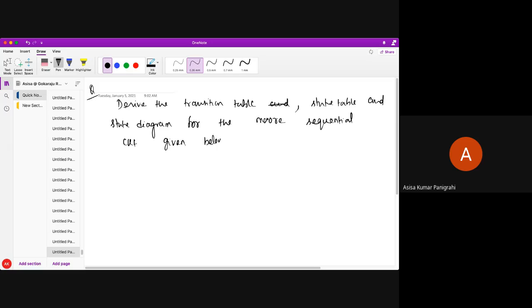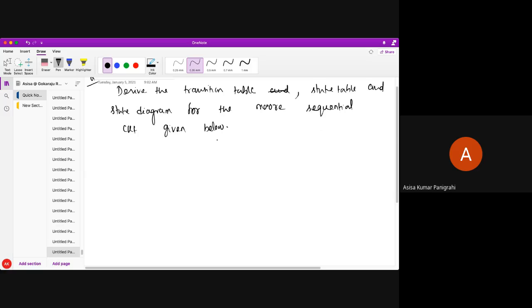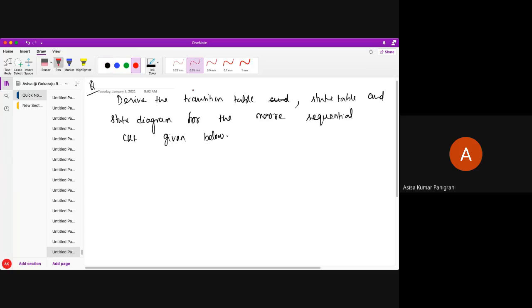Okay, so do you all understand the question? What you have to do? You have to find out the transition table, state table, and the state diagram for the given Mealy sequential circuit.